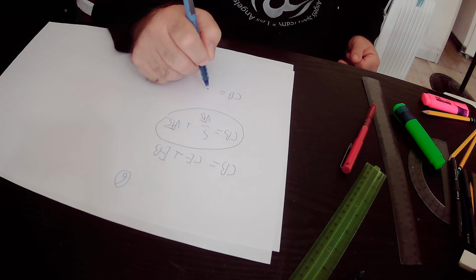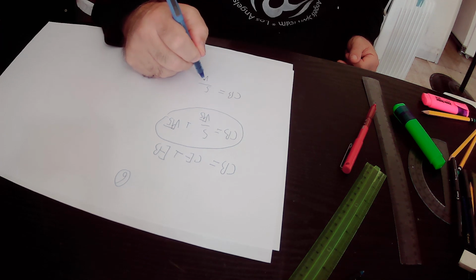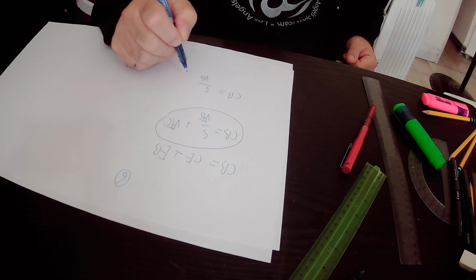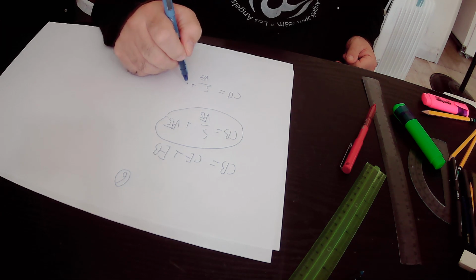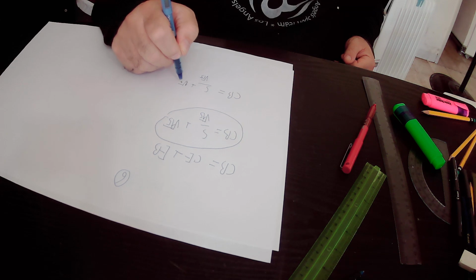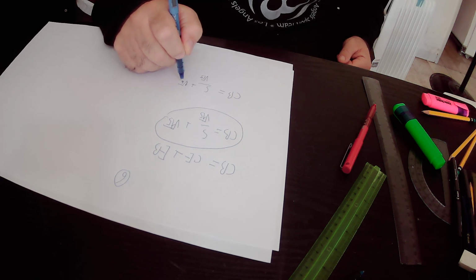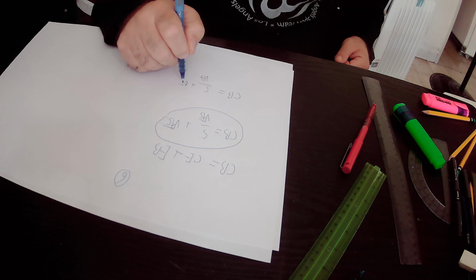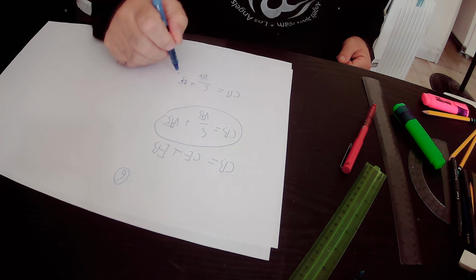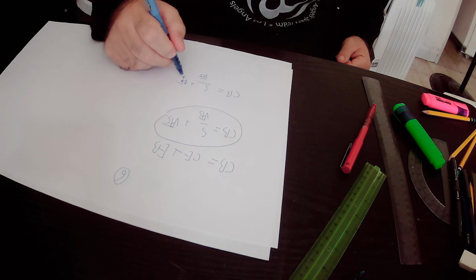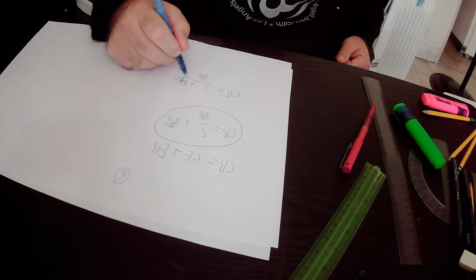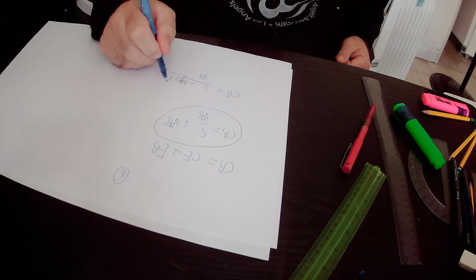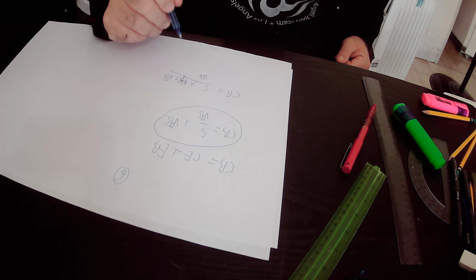So, actually, CB equals 5 over square root of 15 plus square root of 15 times square root of 15 over square root of 15.